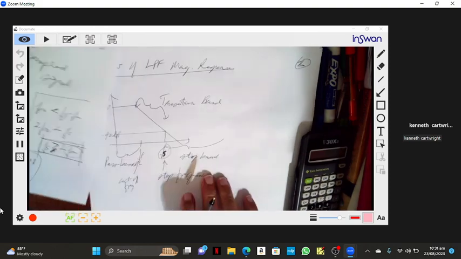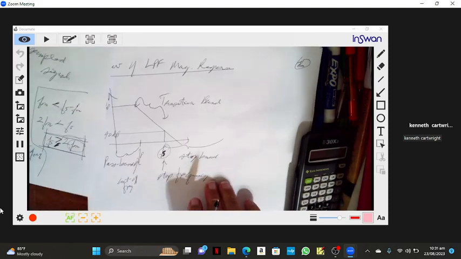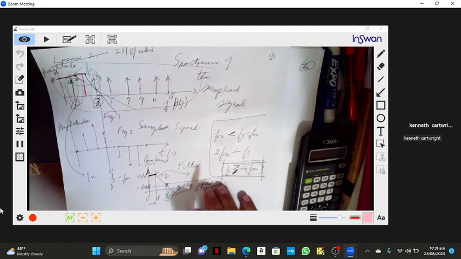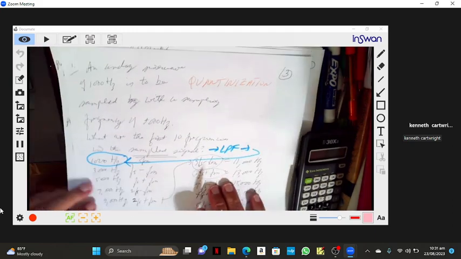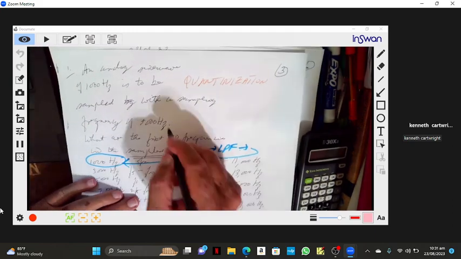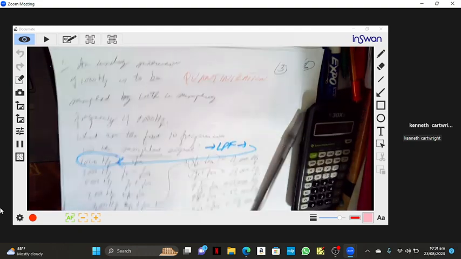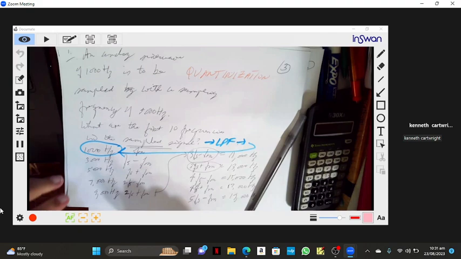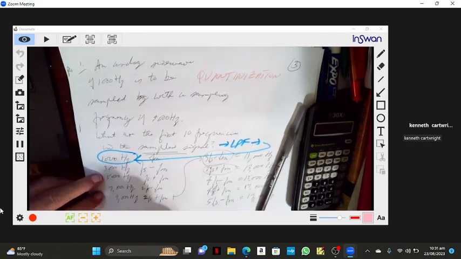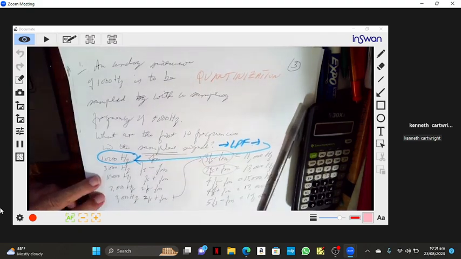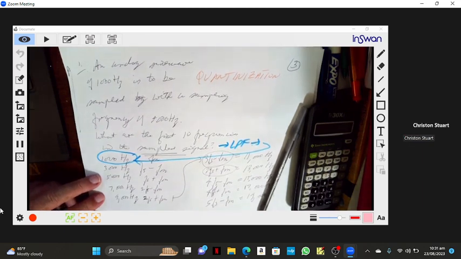So, in our example back here, what's our lowest sampling frequency? 3,000 hertz? How much? 3,000.